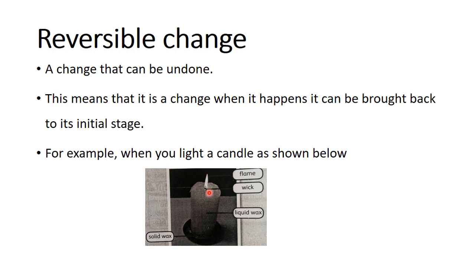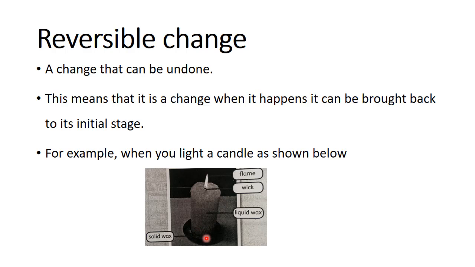As the liquid wax is flowing down, its temperature decreases. Here at the top, its temperature is too high because of the heat from the flame, but as it flows down, the temperature reduces.